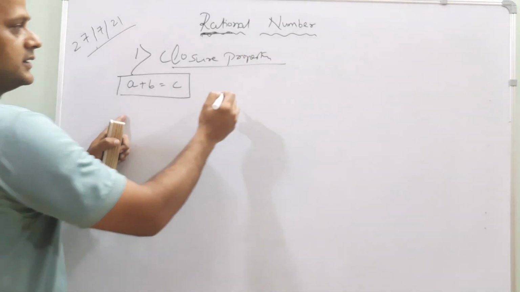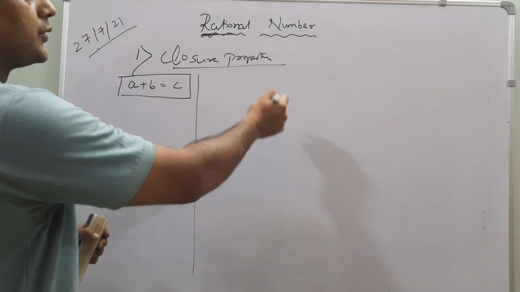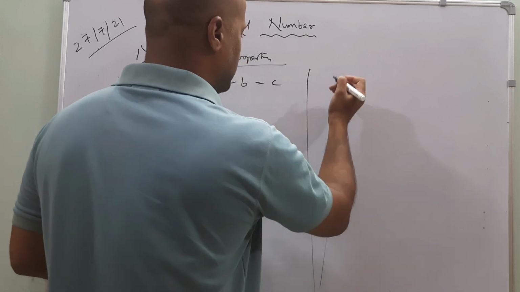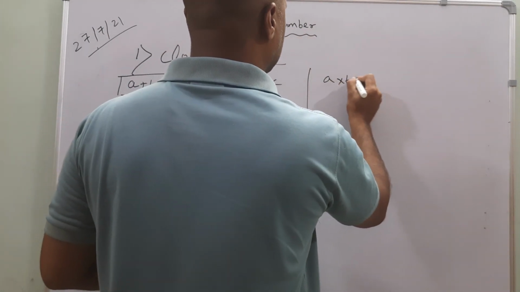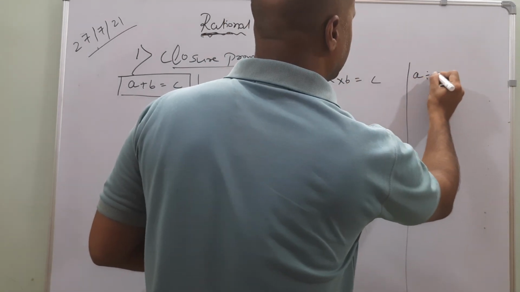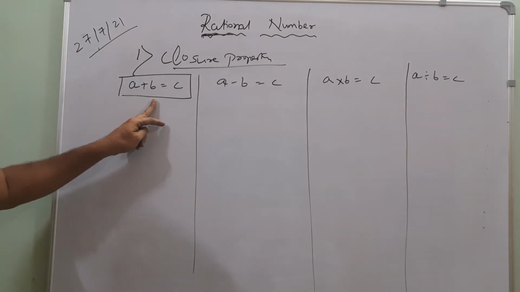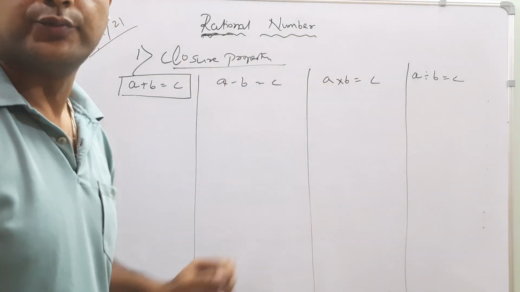First we have to prove it in the case of addition, then we go for subtraction, then multiplication, then division. We will check whether the result is a rational number or not in all four cases.